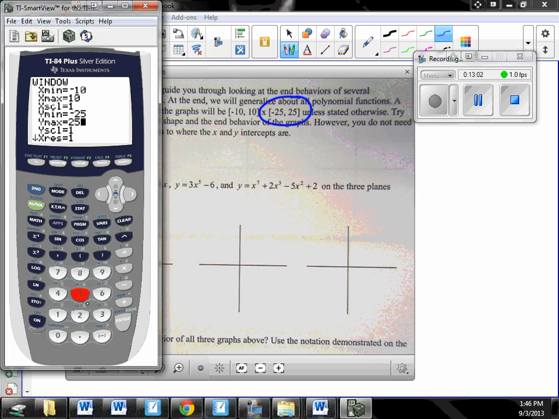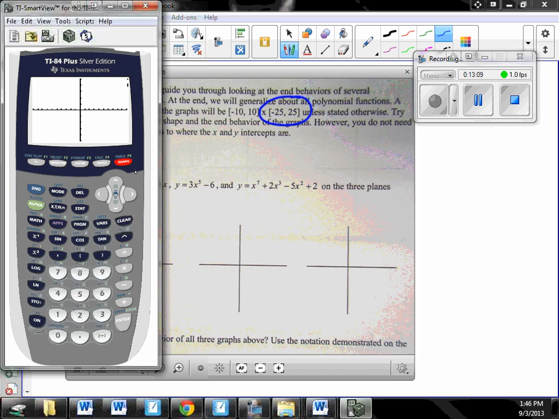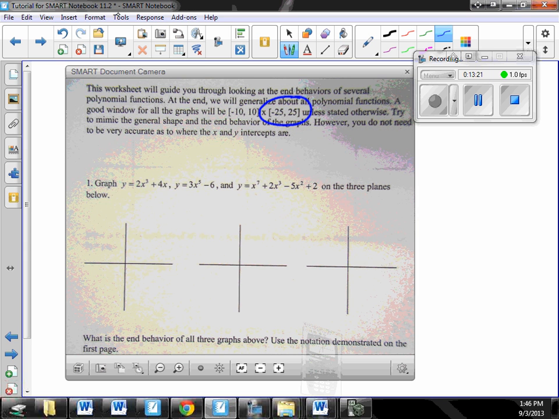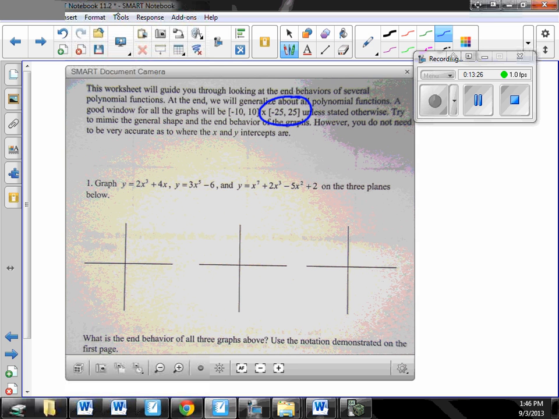So let's count by 5s. So if I count by 5s and I push graph, now we've kind of crunched the y-axis down. Now instead of from negative 10 to 10, it goes all the way down to negative 25 and all the way up to 25. So what I want you to do is graph all 3 of those equations one at a time.